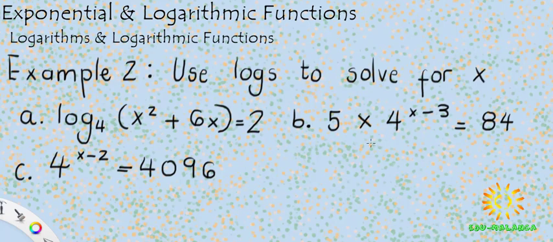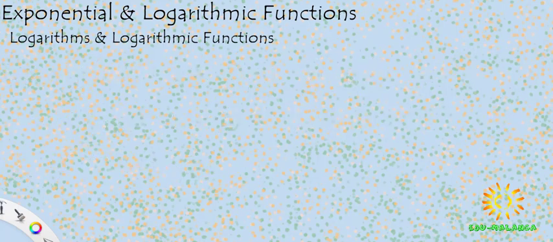Let's do the last example for today. The last example for today is C, and that's 4 to the power of x minus 2 is equal to 4096. I'll again rewrite the expression.